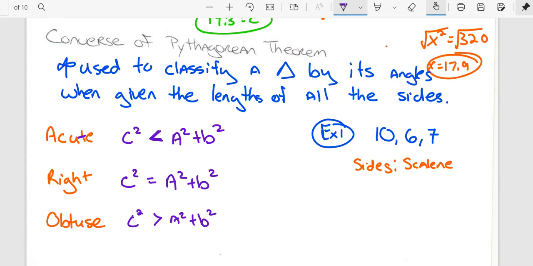The way you would determine whether it's equiangular would be if it's equilateral. So if you had like 7, 7, 7, then that's an equilateral triangle. And remember, if it's equilateral, then that's how you know it's also equiangular. So that's how that will come up.